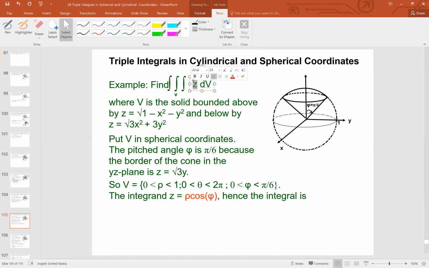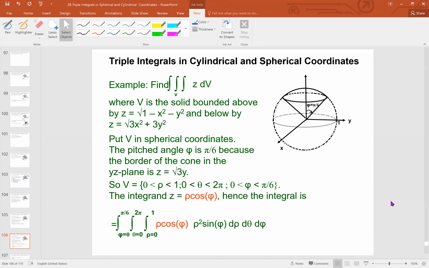So go back to the conversion rule and put everything in the triple integral. That's it. This is the dV part, the volume differential, which is the conversion of the formula in rho, theta, phi in spherical coordinates.